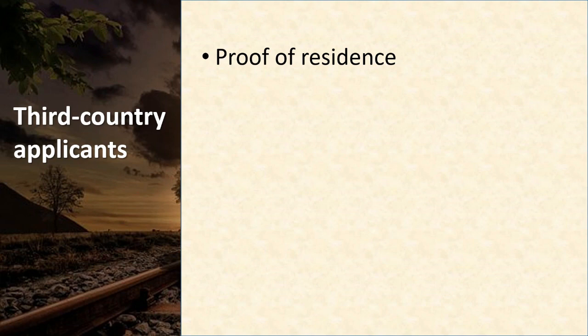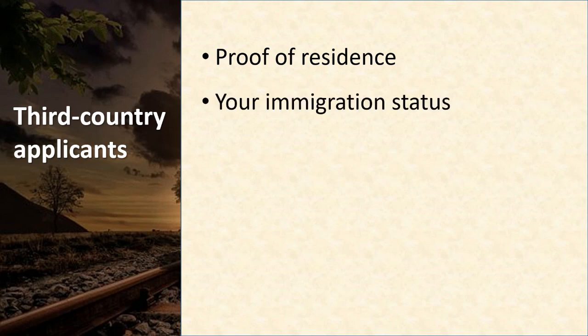So as a third country applicant, you must be able to prove residence. If you cannot, then it will be difficult for the consular officer to grant your visa. Your immigration status is very important. You want to make sure that you are not out of status in that country as of the time you go for your visa interview. It is very, very important.